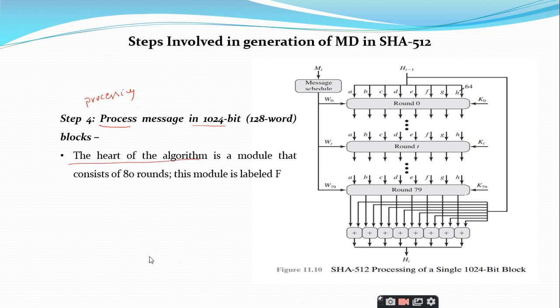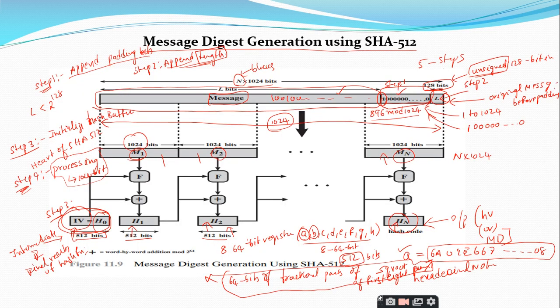In the previous diagram you can see this is where you are going to process the message of 1024-bit block. In step 4 we are going to define F. What is this F? What does it consist of? All these things we are going to discuss.